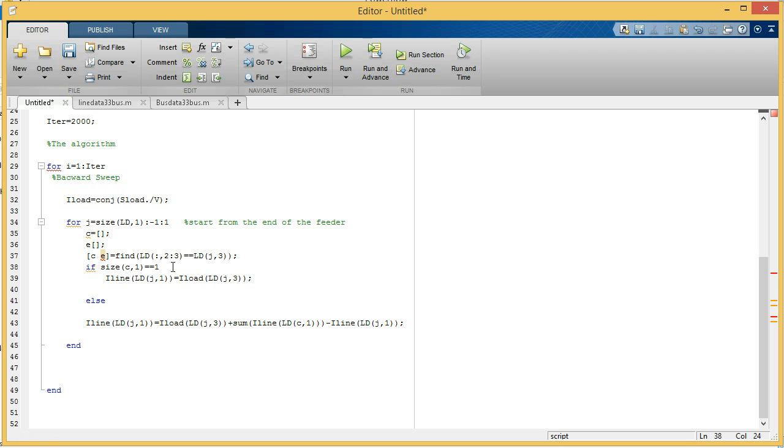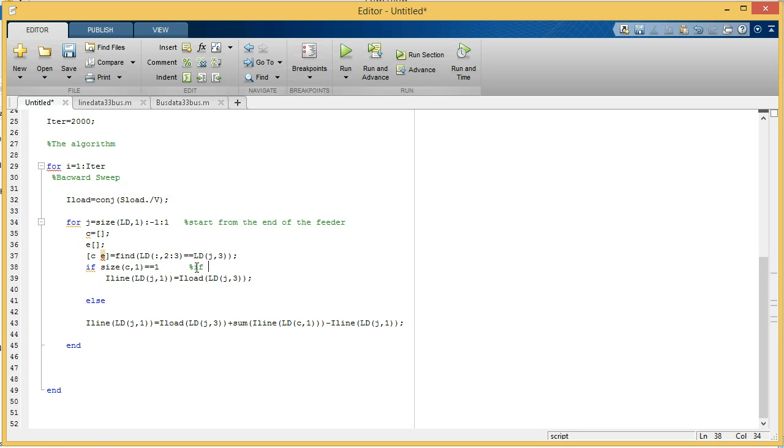So this basically means that if the number of lines connected to this bus is only 1, then the current passing through this line is equal to the current passing through the load that is connected to the corresponding bus.